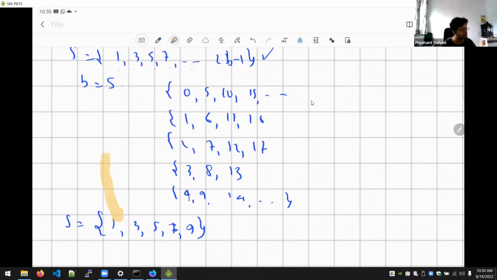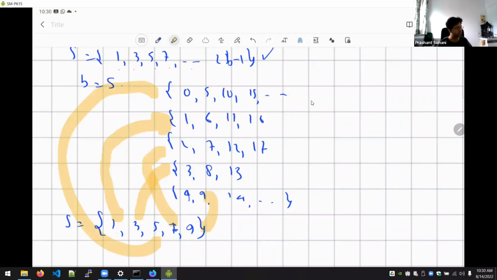So for example, 1 lies in this class, 3 lies in this class, 5 lies in the original class, 7 lies in this class, and 9 lies in this class. So each term of my set S is coming from one different bracket out of these 5. That is why that problem works. So you can generalize it to any different problem. There are basically infinite versions of the division algorithm which are available.